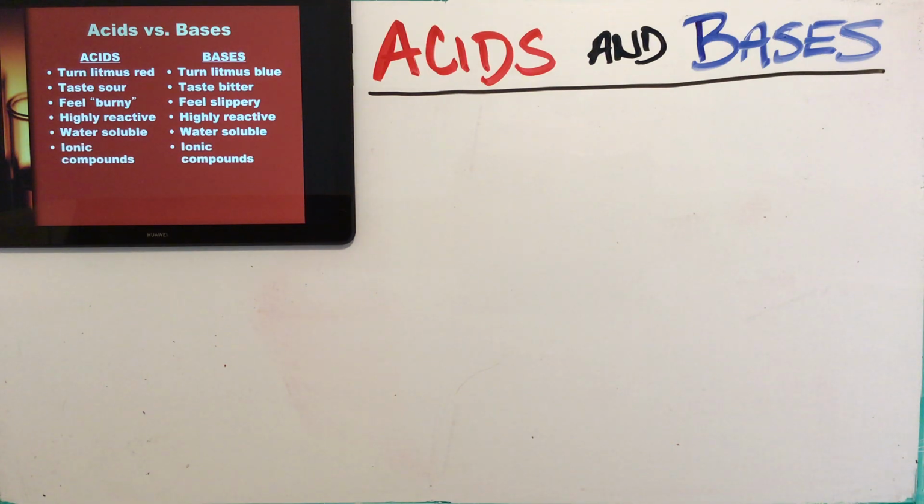Both tend to be ionic compounds. If you remember, an ionic compound is a metal and a non-metal, or it's a metal and one of the polyatomics, or it might be something that has polar properties because of the differential between the electronegativity. So there are some bases that have no metals in them, right?